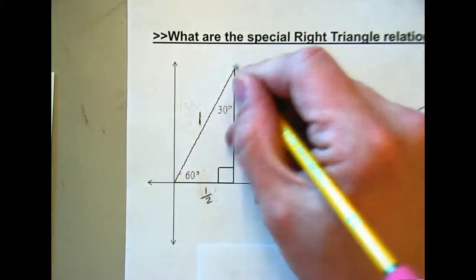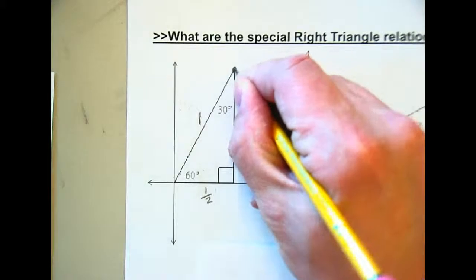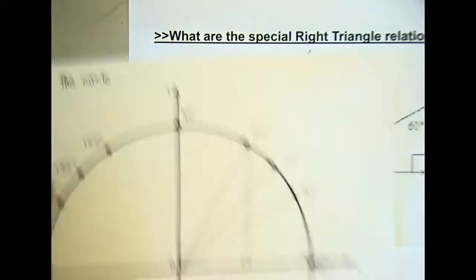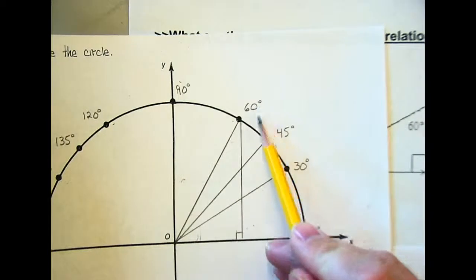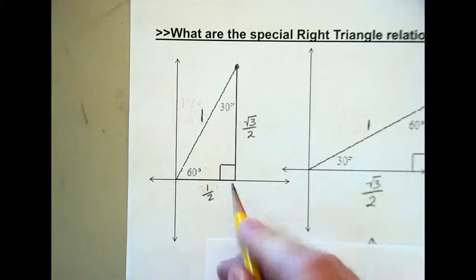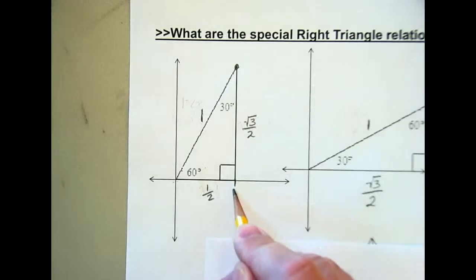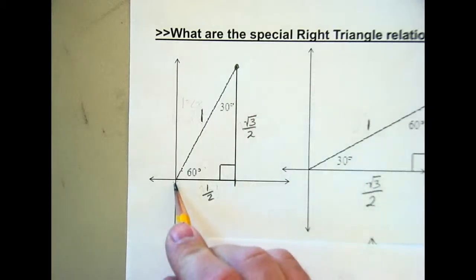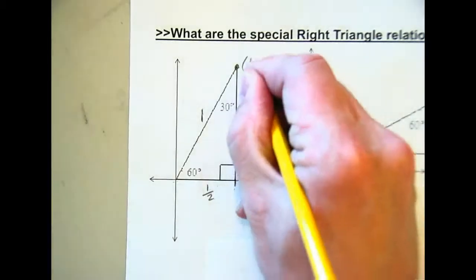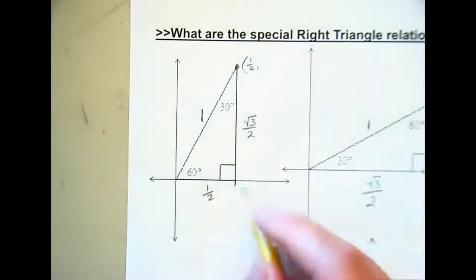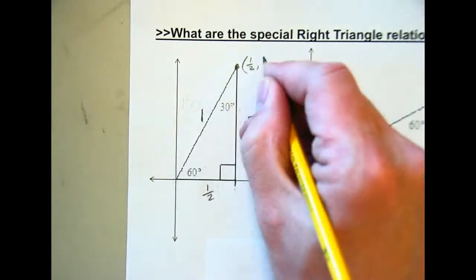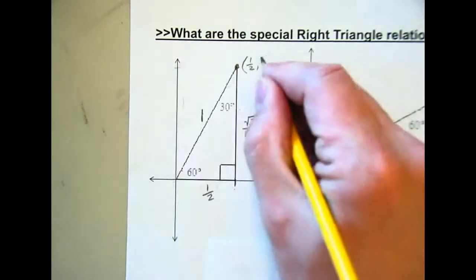So if I can find the coordinates of this point using these measures, then on my triangle, I found the coordinates of this point here. So this length is 1/2, which makes this on the x-axis. If we moved over 1/2, what's this coordinate? It's 1/2. So our x-coordinate is 1/2. Our y-coordinate, if we start here and go up root 3 over 2, right there we're at root 3 over 2.